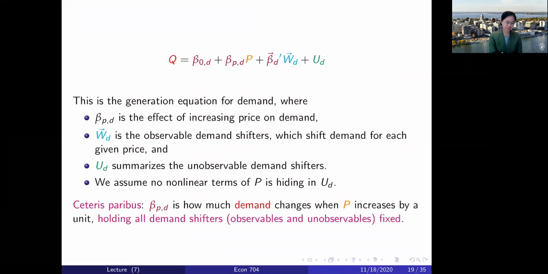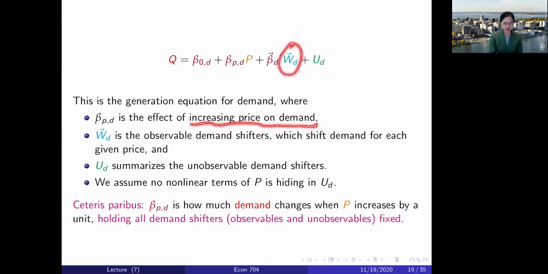Here, because we have told a story of how demand is generated, this is the demand equation. This is how quantity, how demand, varies when you vary P holding other things constant. Therefore, the beta PD is the effect of an increase in price on demand.